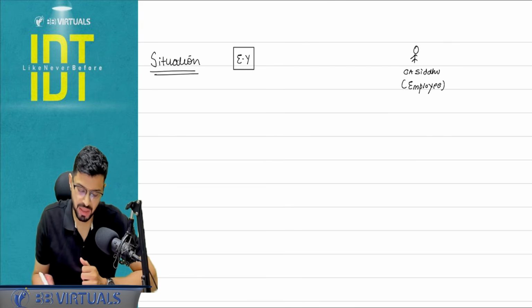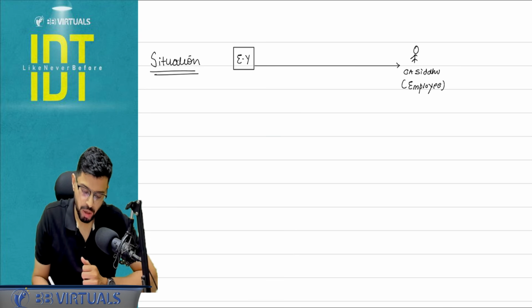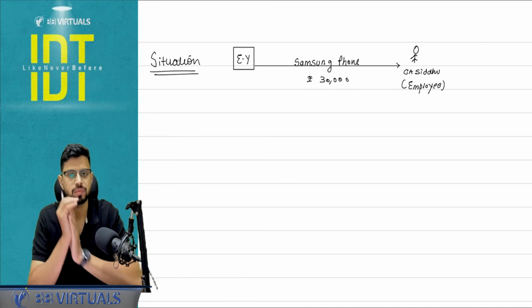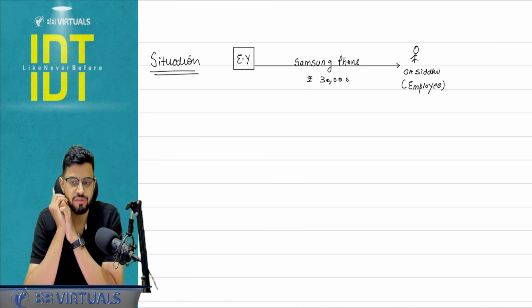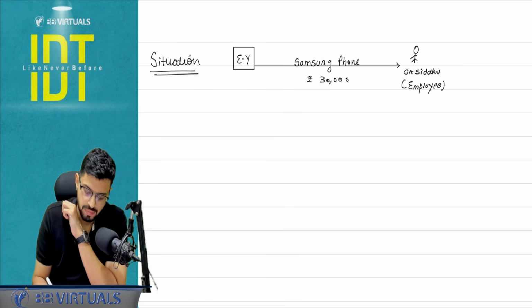Suppose in the upcoming Diwali season, my employer gives me a Samsung phone worth rupees 30,000 as a Diwali gift. Complete year they make me work like hell, and a small 30,000 gift they give me on Diwali, in the name of Diwali bonus.